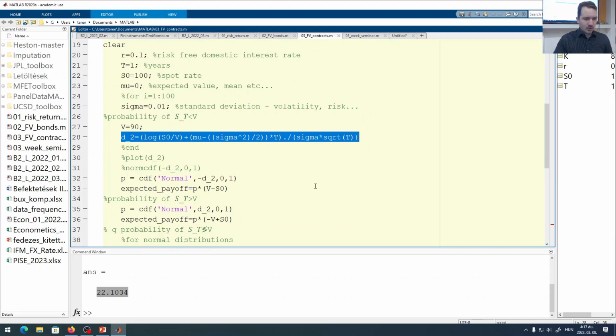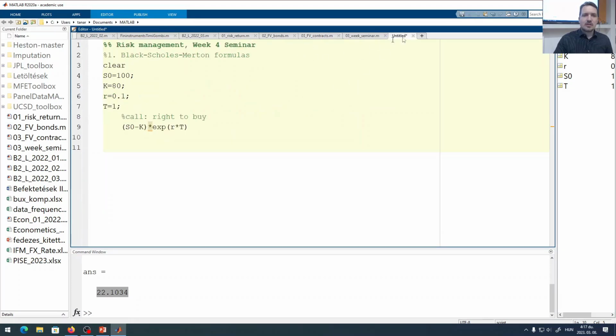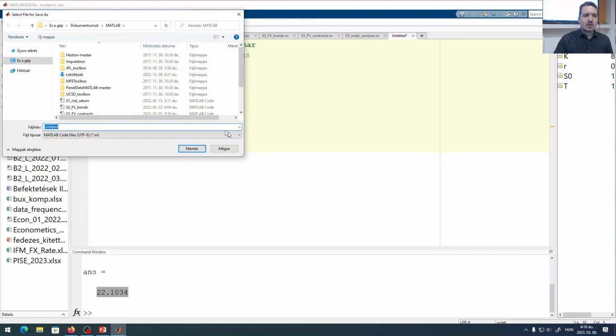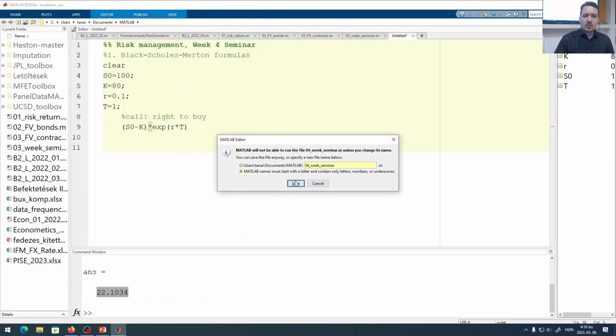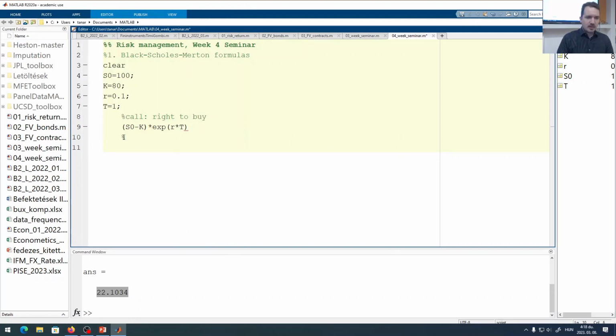So being under a threshold, it's D2. Let's check, is this correct?